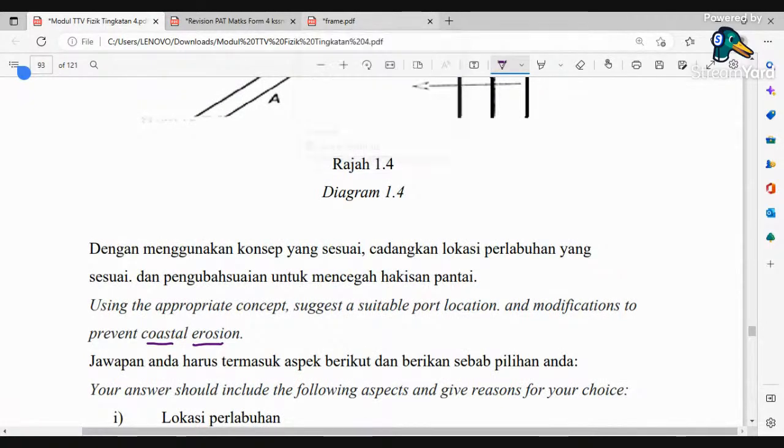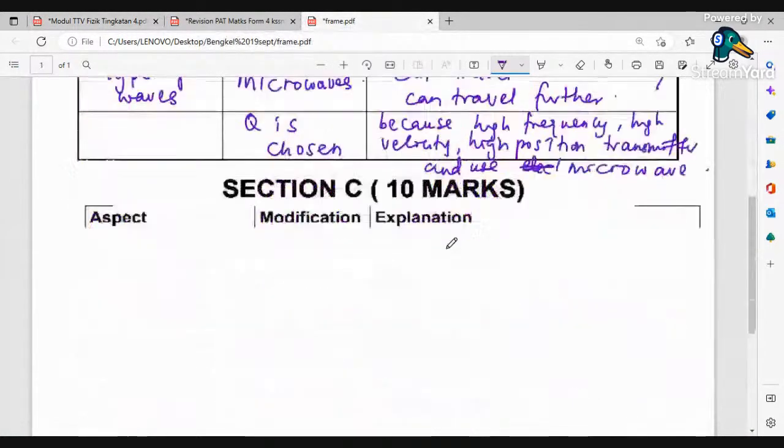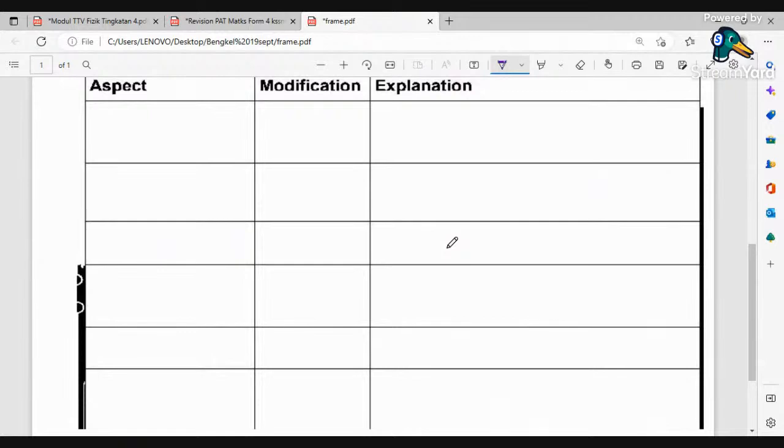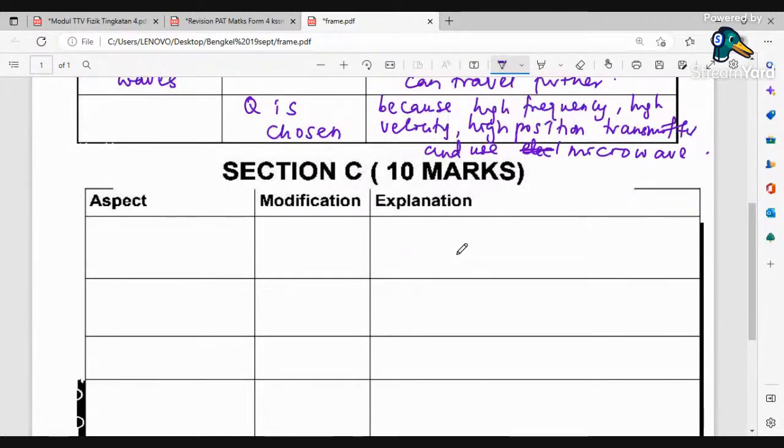Okay, let's write in table form. First, we write back all the aspects. Location of the port.